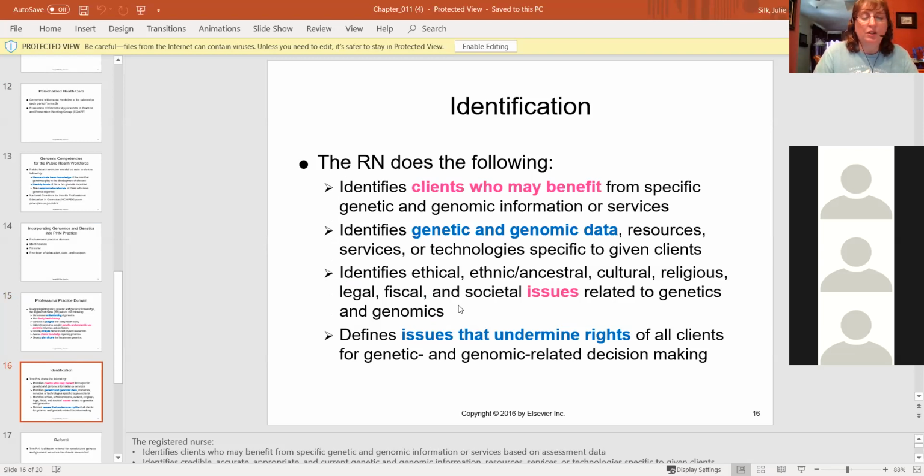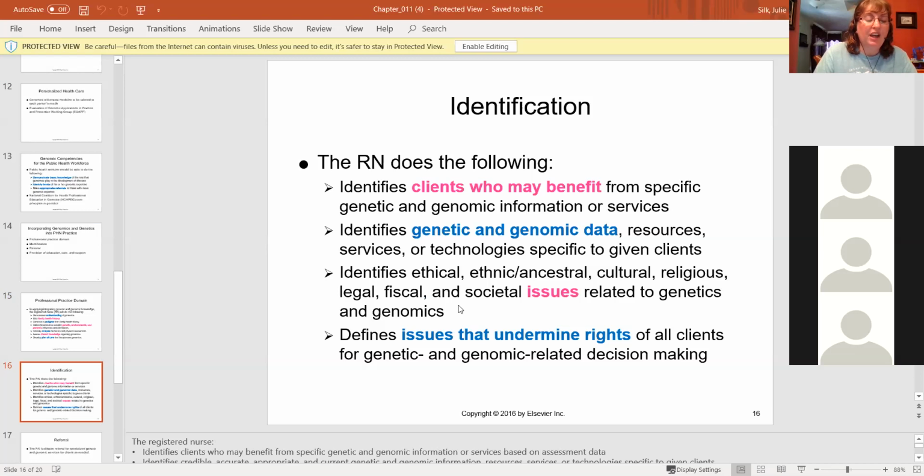All right, so when it talks about identification, the registered nurse will identify clients who may benefit from specific genetic and genomic information or services based on assessment data. They should identify credible, accurate, appropriate, and current genetic and genomic information resources, services, or technologies specific to given clients.